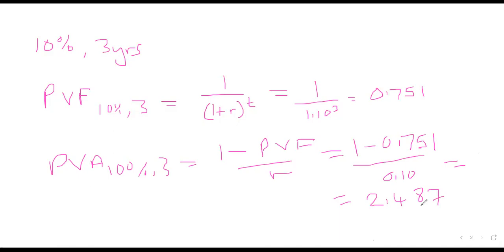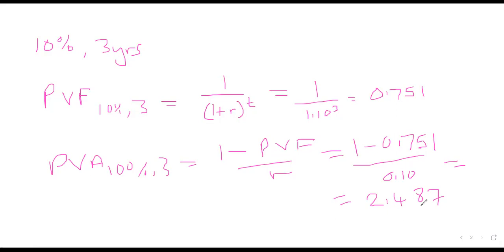Are we together? Are we following? Because this is where the key is, understanding these interest factors. Yes. If I'm going to use the table, I will still get the same answers.